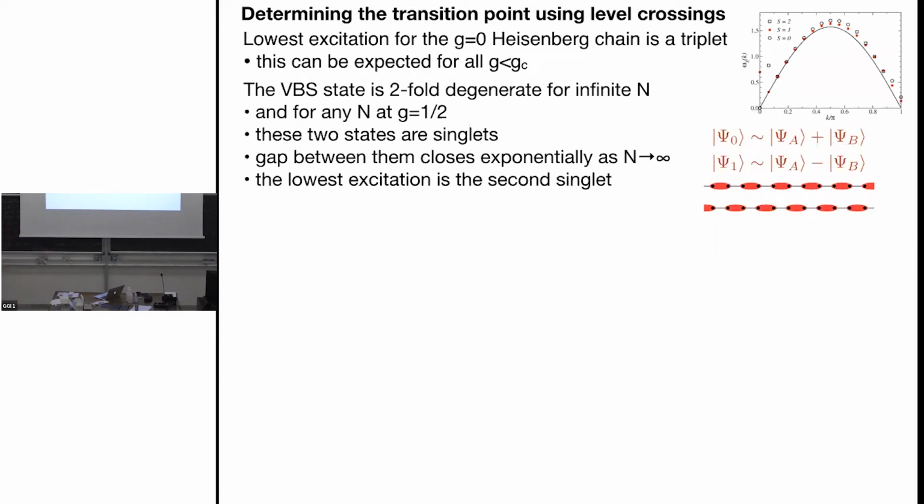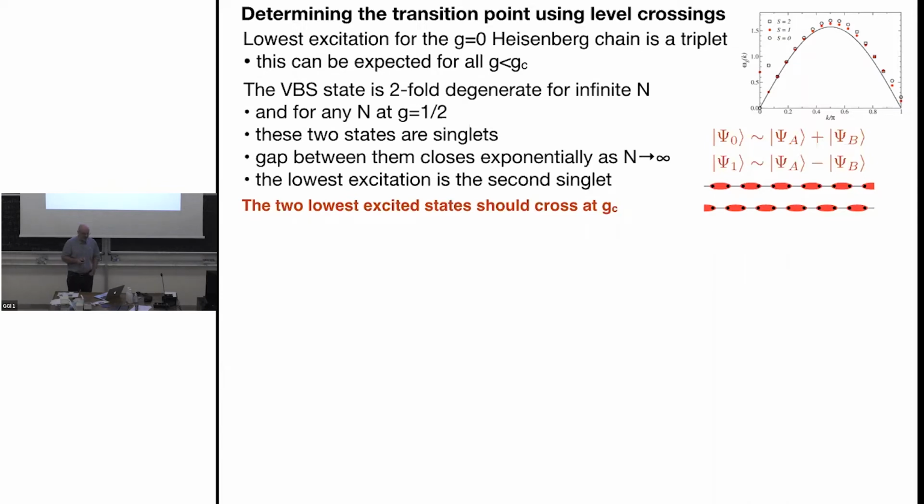So what can we say about this kind of VBS? Well, these are both singlet states, right? You haven't broken any valence bonds when you go between these. So you have two not exactly degenerate singlet states in a finite system, but you have two singlets that basically come exponentially close to each other as a function of the system size, if you have that kind of long-range order.